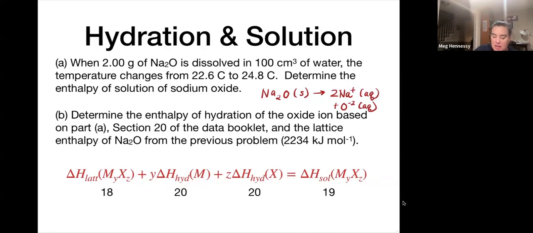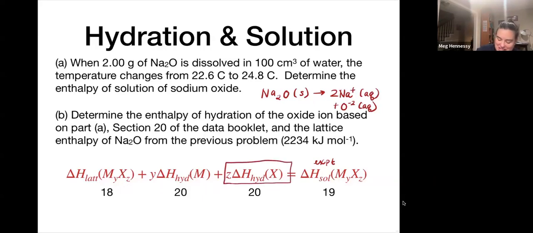And then part B, we're going to try to use some of these new values. So we just got this experimentally. In part A, we're also going to take some values from the data booklet, and we're going to determine the delta H of hydration of our anion oxide.